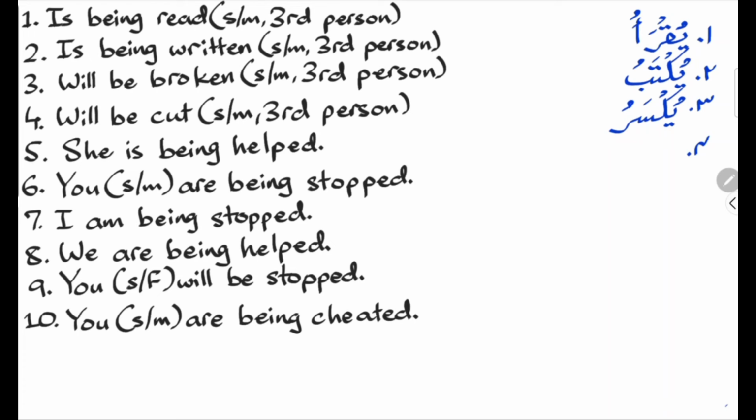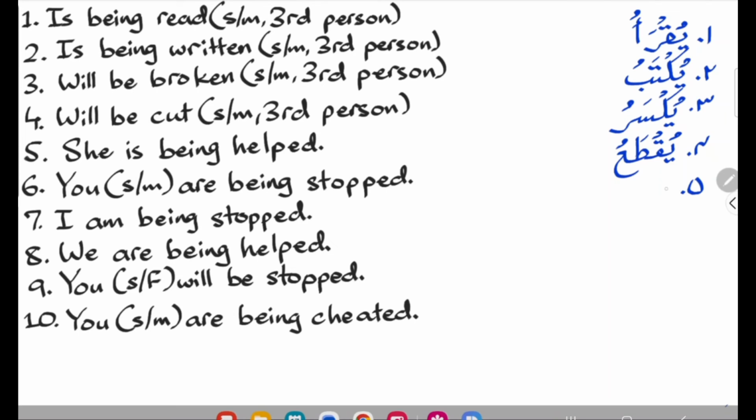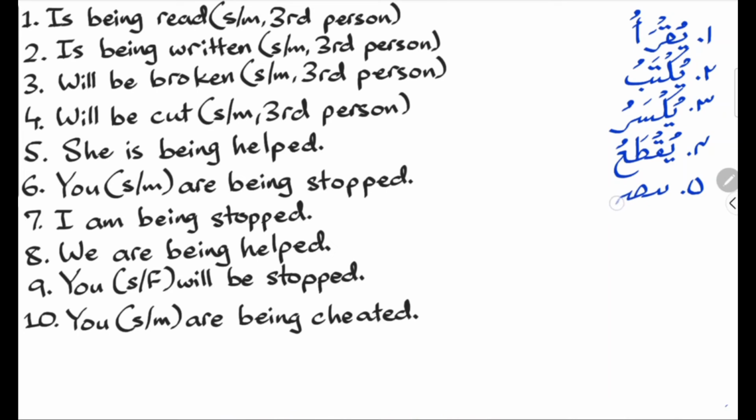Again, from singular male third person on the wazn of yuf'alu. So you get yuqta'u. Number 5 is she is being helped. So now instead of singular male third person it is singular female or feminine third person. And help is nasara. So instead of yunsaru you get tunsaru because it's for feminine.